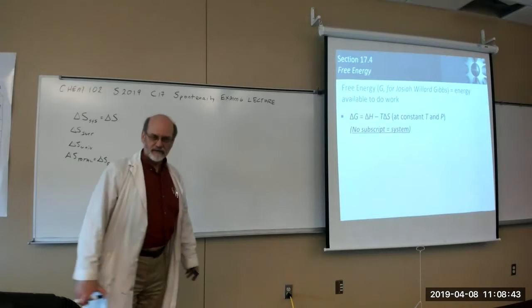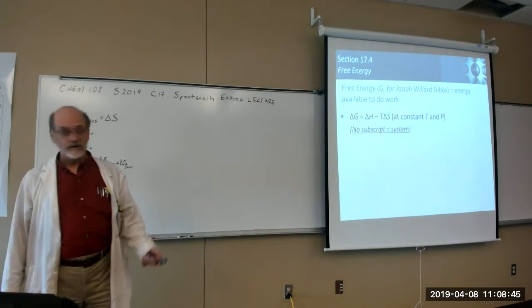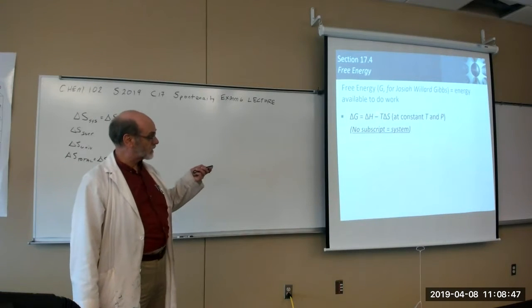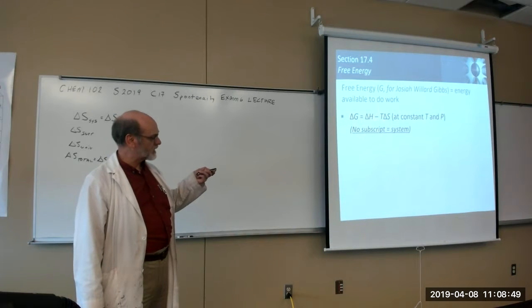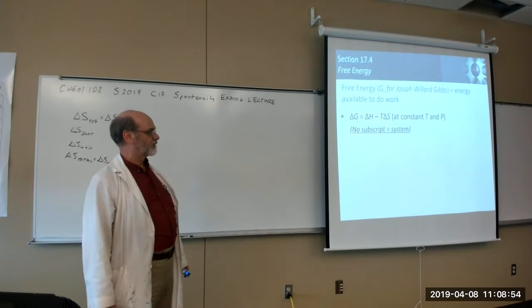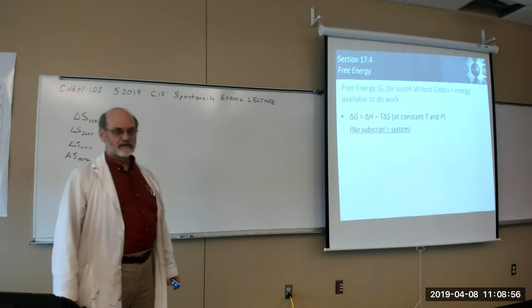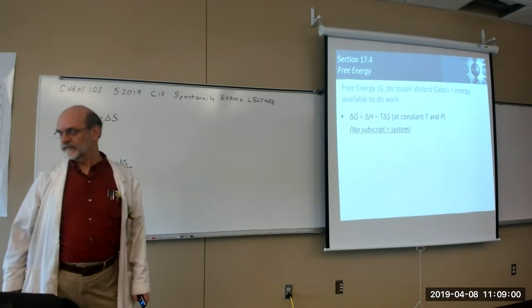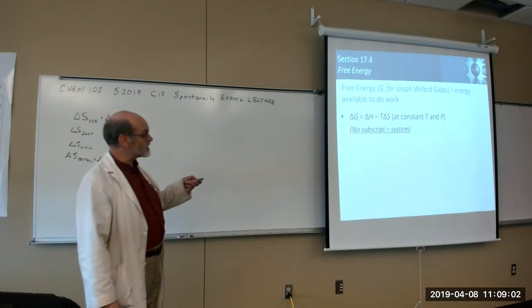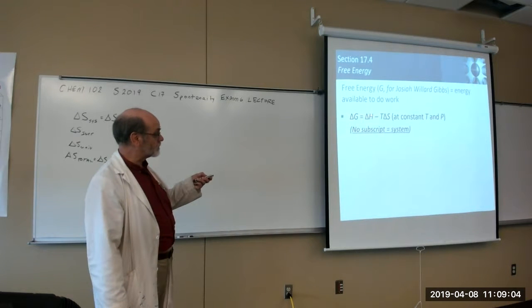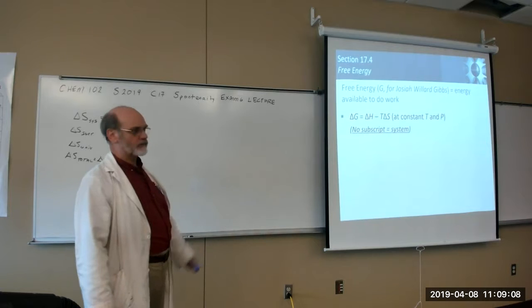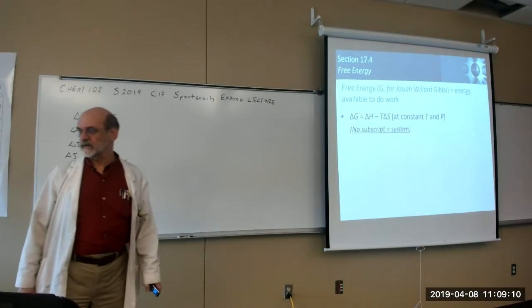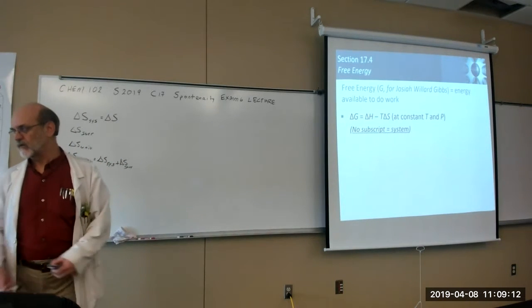How much is not available for work is this term right here, T delta S. So you said T delta S is how much we can't get. Right, that's lost. And delta G, the difference of these two, is the maximum amount of useful work that can be obtained from a reaction.